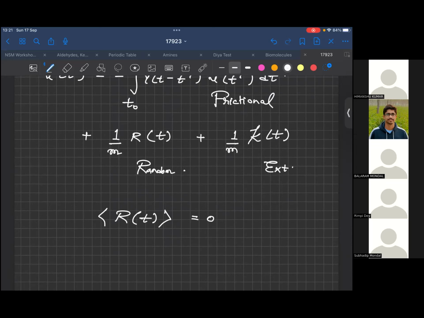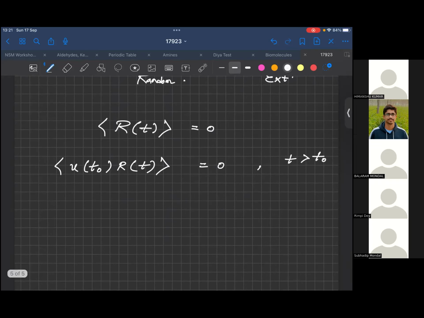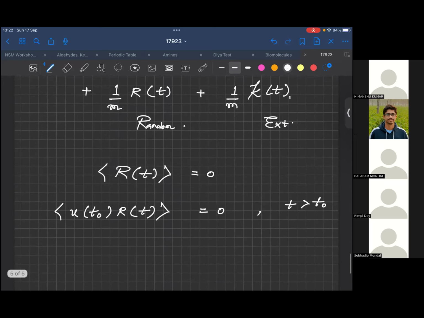The correlation between the initial time velocity and this random force is going to be 0 for t greater than t0, and it does not depend upon our external force K(t). Now if we consider that this K is a periodic external force, it will depend on K0 cos(omega t).